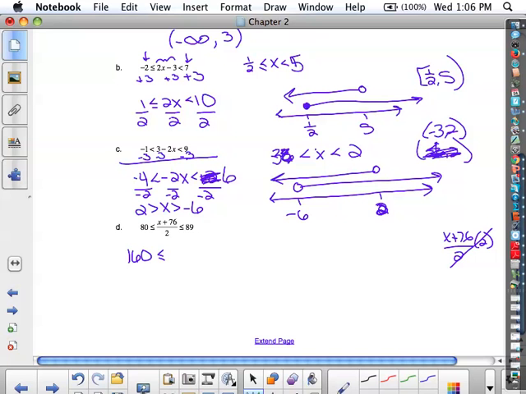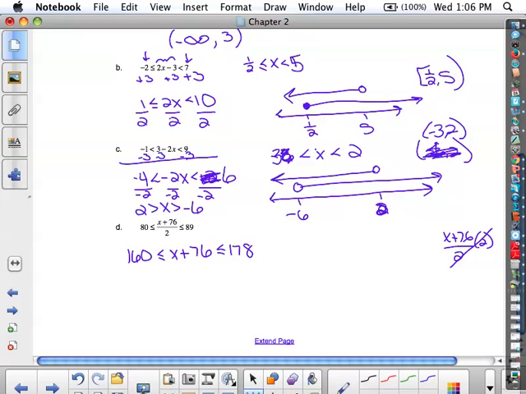Please don't multiply that numerator by 2. You've defeated trying to cancel the fraction when you do that. So this just stays x plus 76 less than or equal to 89. And I multiply that by 2, I get 178.